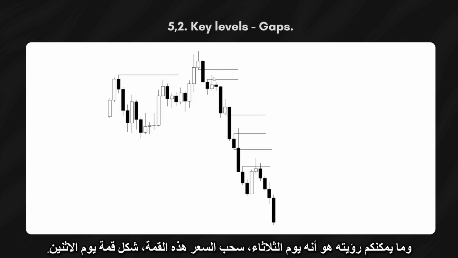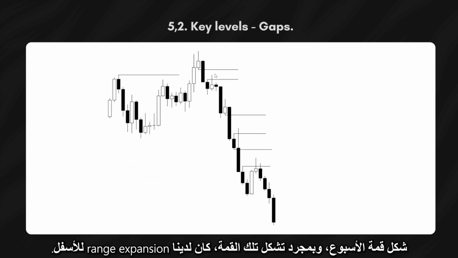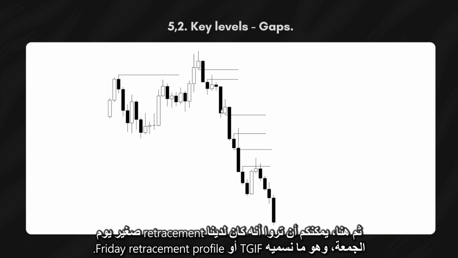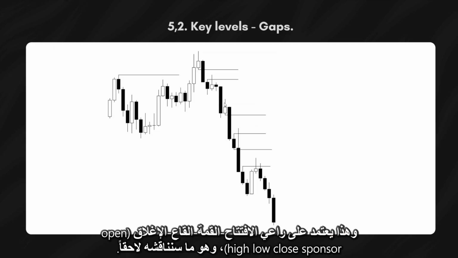And what you can see is that on Tuesday price took out Monday's high, formed the high of the week, and once that high was formed, we then had a range expansion lower, right? On Wednesday and Thursday we had a range expansion lower, and then right here we had a small retracement on Friday, which is what we call a TGIF or a Friday retracement profile.